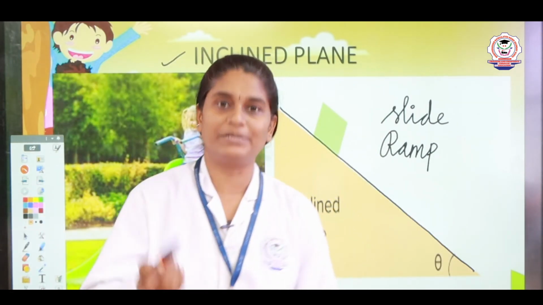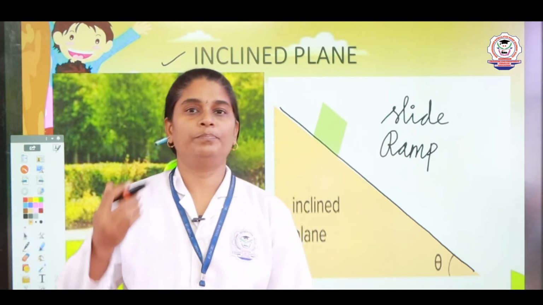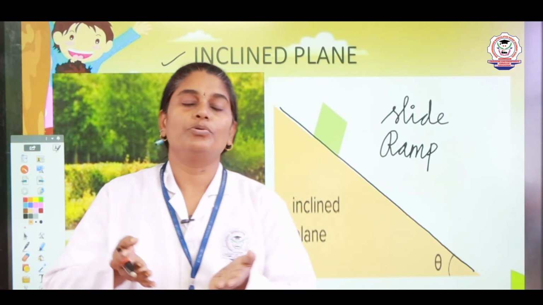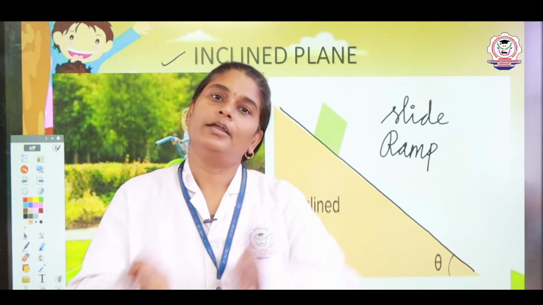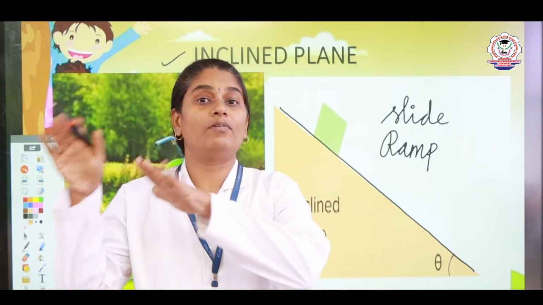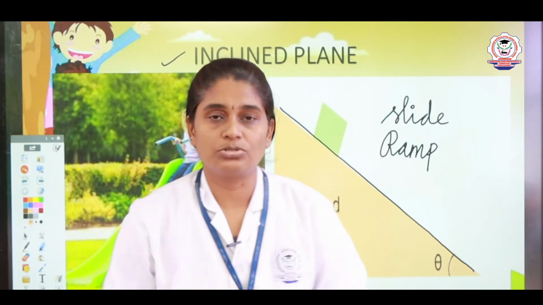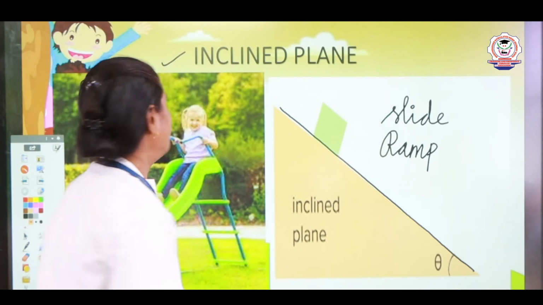Suppose if you go to hospitals, right. The persons who are sitting on the wheelchair, you cannot just take that person sitting in the wheelchair into the hospital. So, they already would have built a slide like structure, right. That is known as ramp. So, these are the examples of inclined plane.